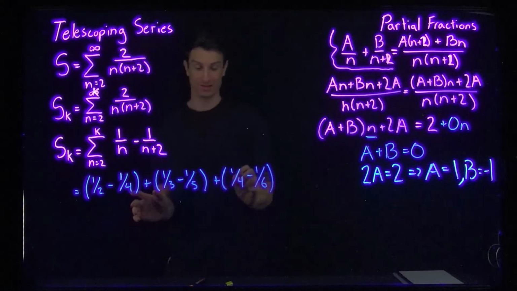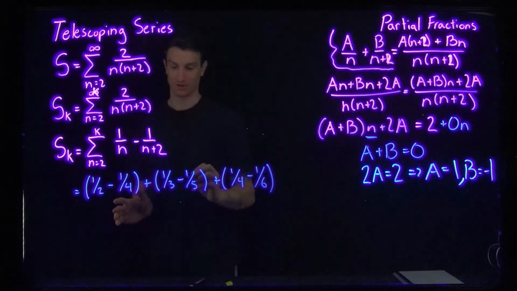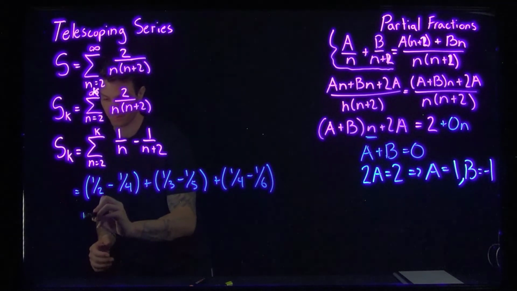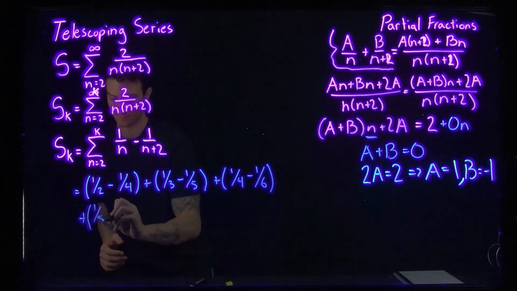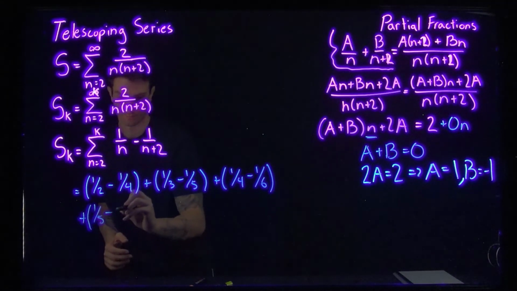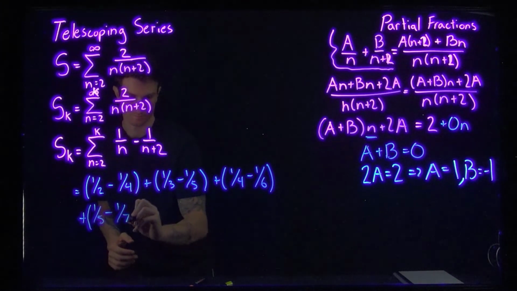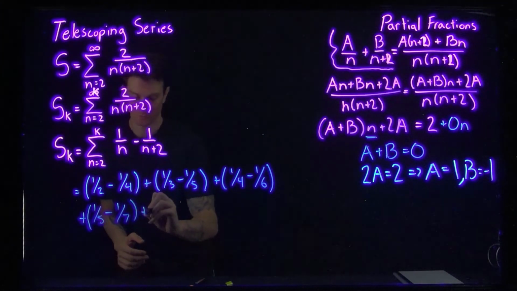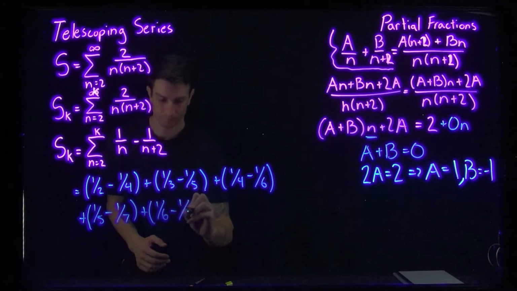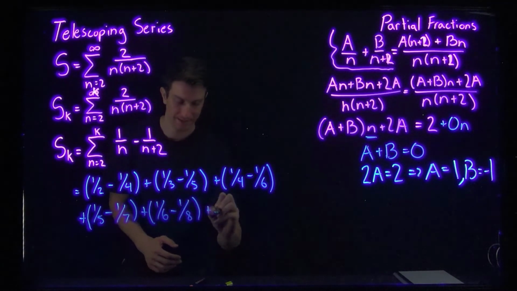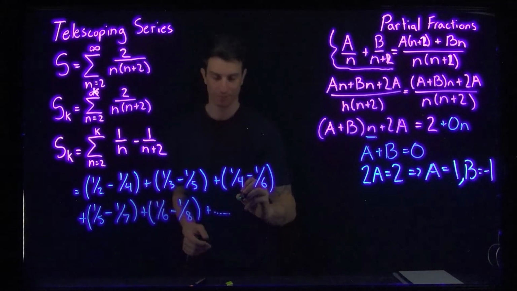Okay, so you can already see maybe what starts to happen. I'm going to do a few more down here just to really drag out the point. And we'll do one more. Plus dot dot dot. I'm going to put this one here.